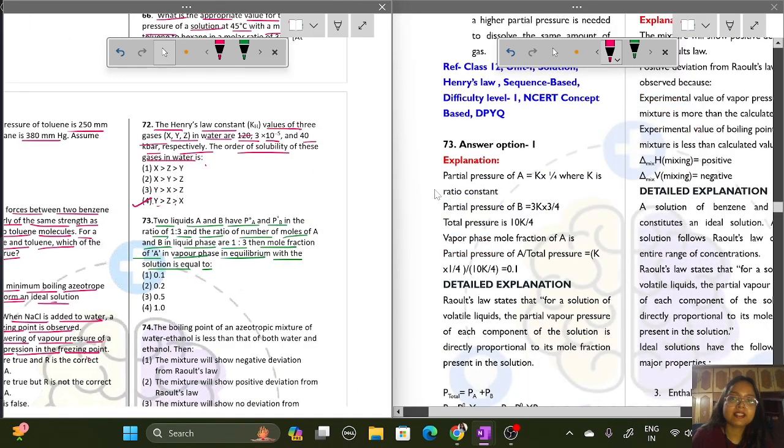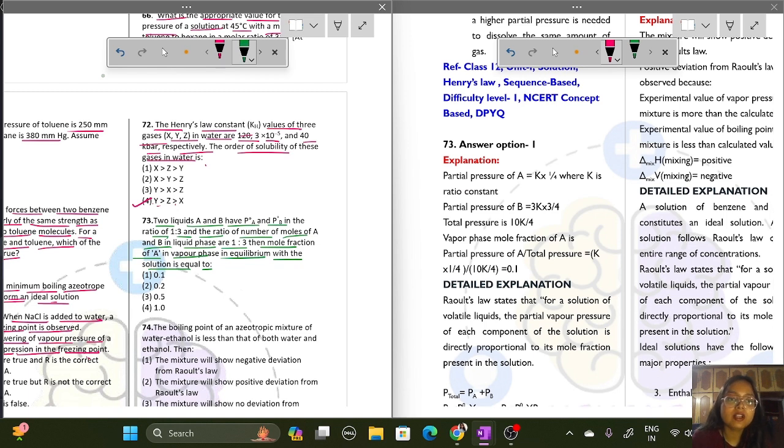Two liquids A and B have vapor pressures PA naught and PB naught in the ratio 1:3, and the number of moles of A and B are in the ratio 1:3.